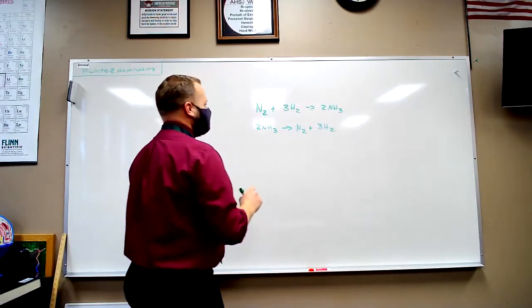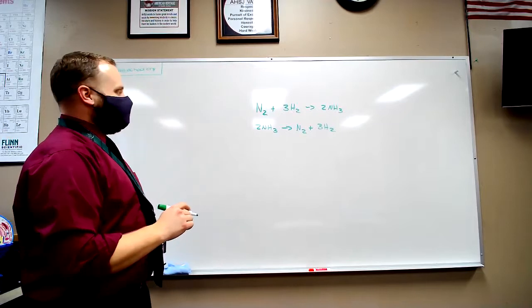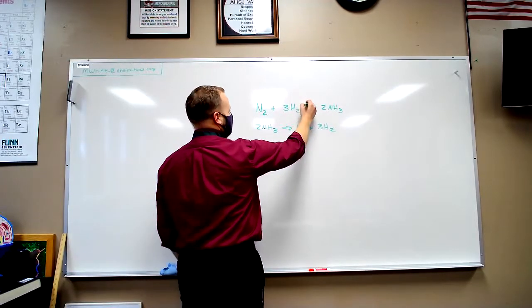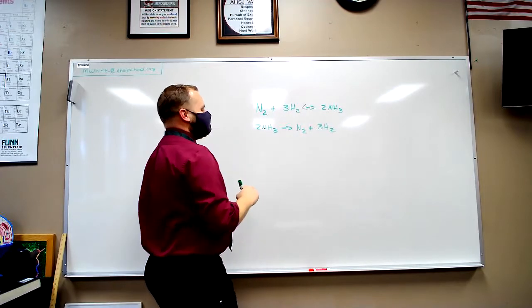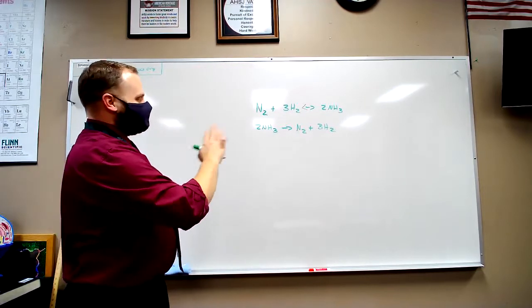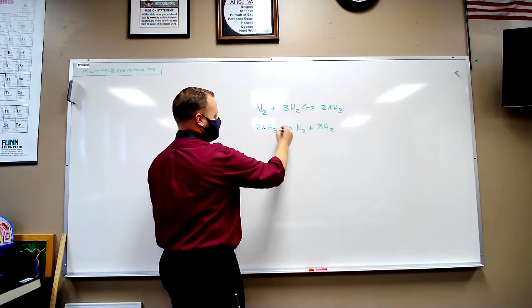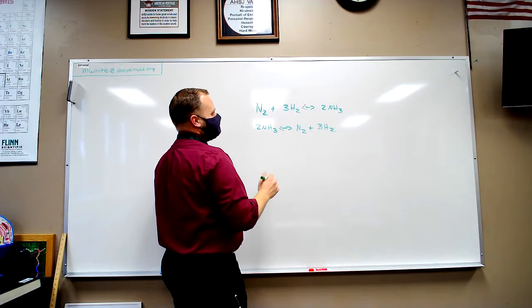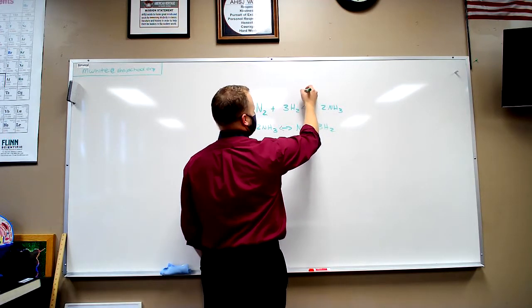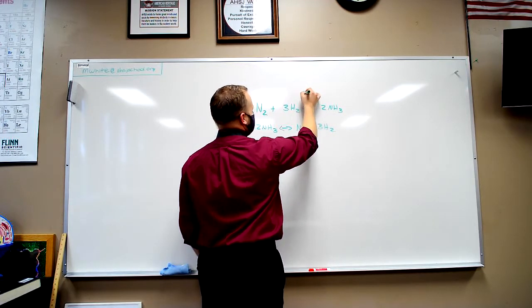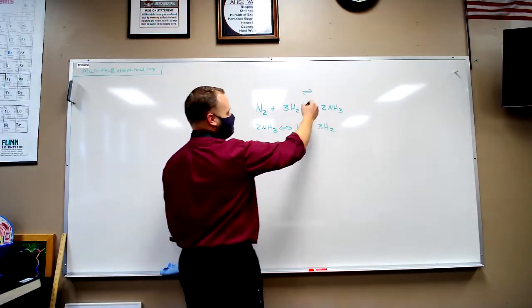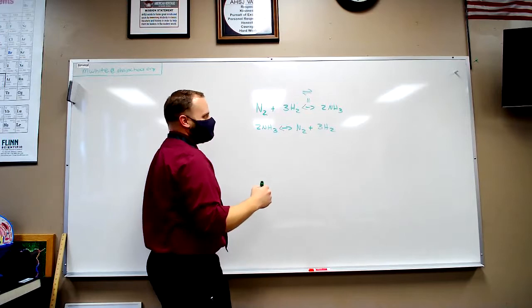Now, a lot of times what we will do, because we don't want to have to write out both things, we put a double arrow. So we see a double arrow, which tells us this reaction can go both directions. Sometimes this is how I will write the double arrow, just so you know. These two things are the same. Okay?